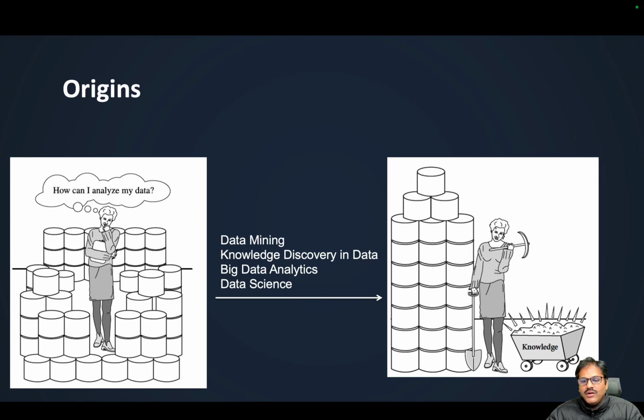For example, it was later called knowledge discovery in data, later transformed to big data analytics, and recently it is being called data science. Whatever the name, the sole objective of this field is only one, that is discovering knowledge from big data.